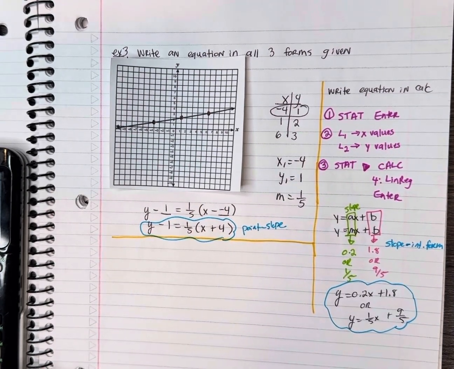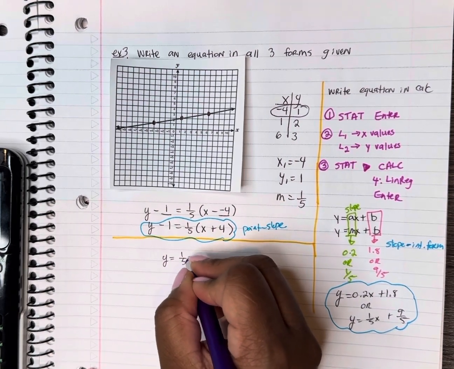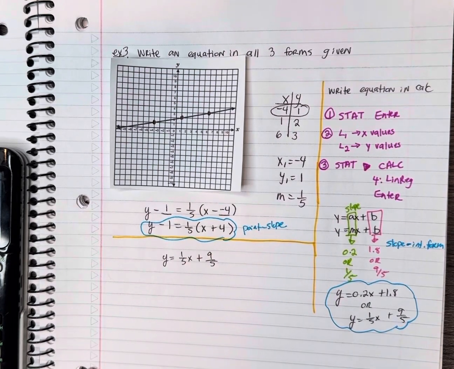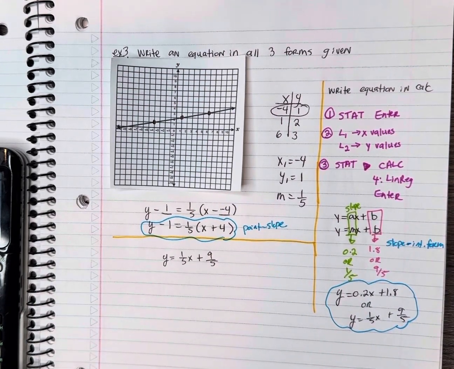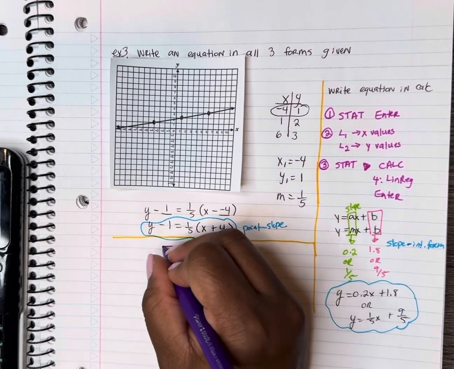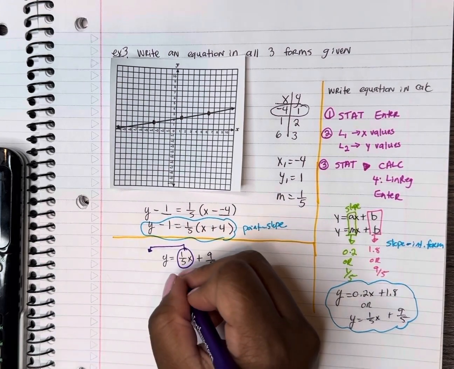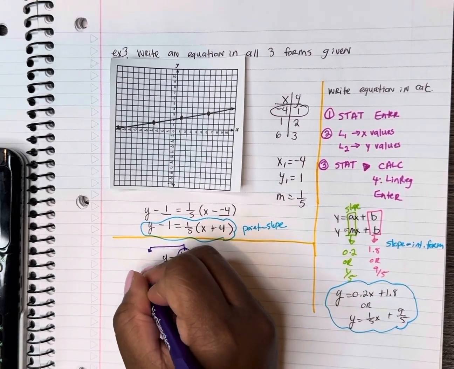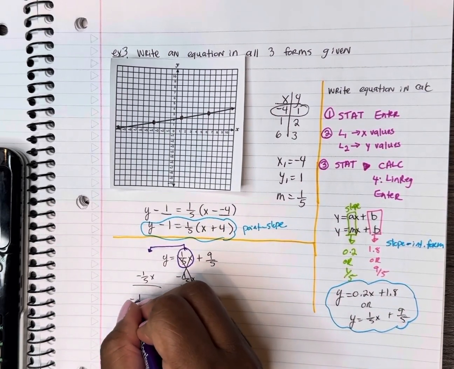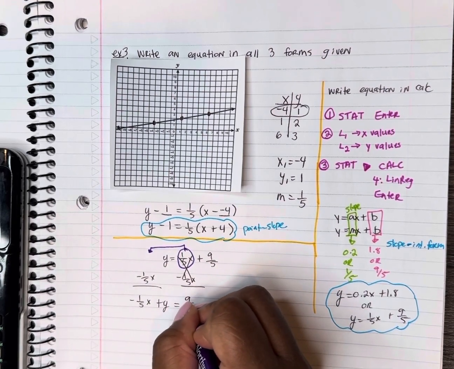Okay. Finally, I'm going to rewrite my slope-intercept form here because I'm going to use it to help me write this in standard form. Don't forget, in standard form, we have to move this x term to the left side with the y. And we're going to do it by subtraction. This cancels, and we have negative 1/5x plus y equals 9/5.